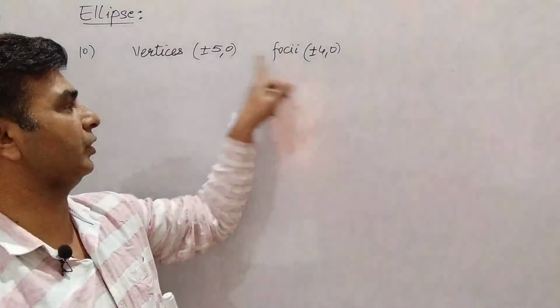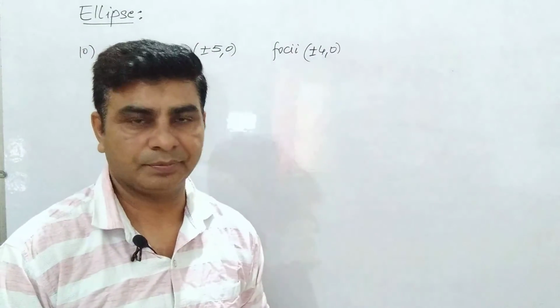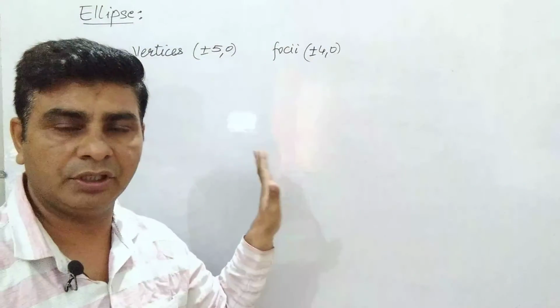It means y coordinate is 0, it means this is along x axis. So horizontal ellipse hai, it's very clear.